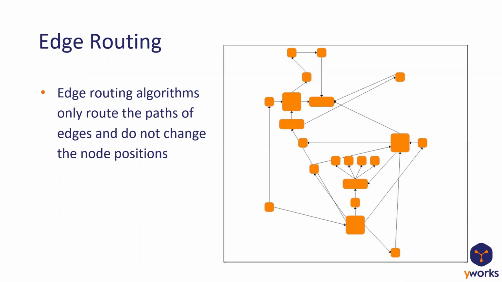So what does edge routing mean? It means an algorithm that only routes the paths of the edges and does not change the node positions. On this slide, I have a short animation that illustrates this. So let me start it.